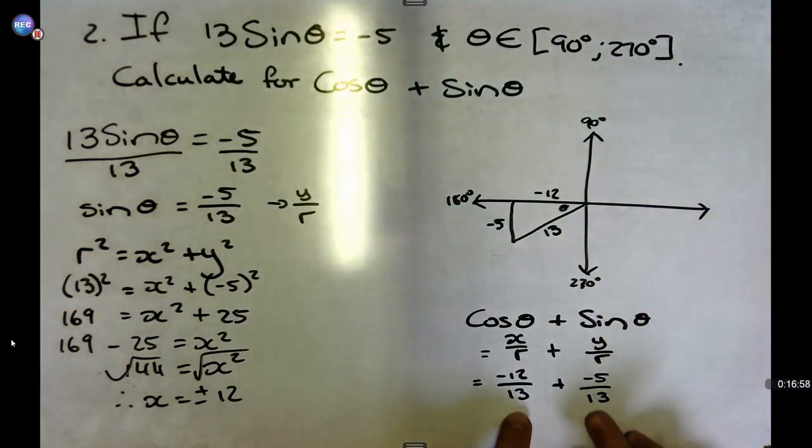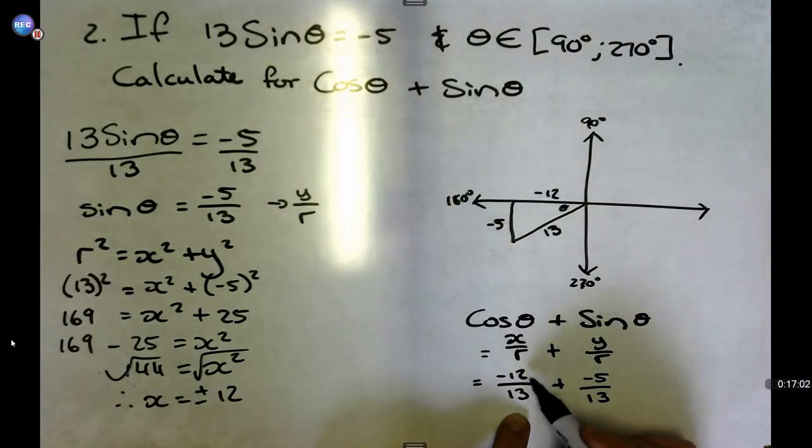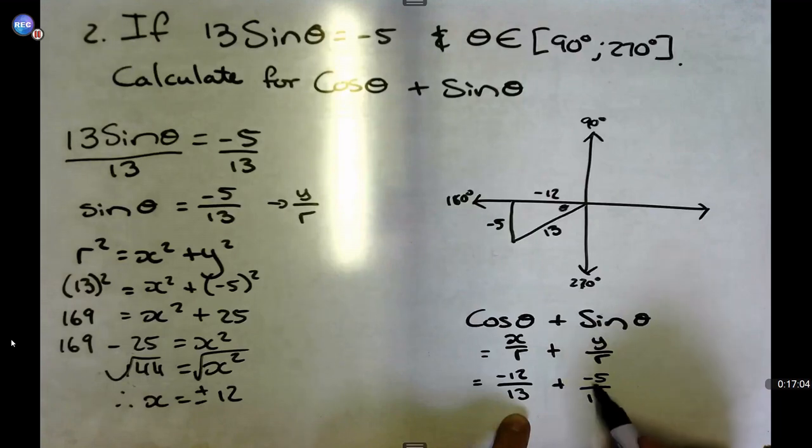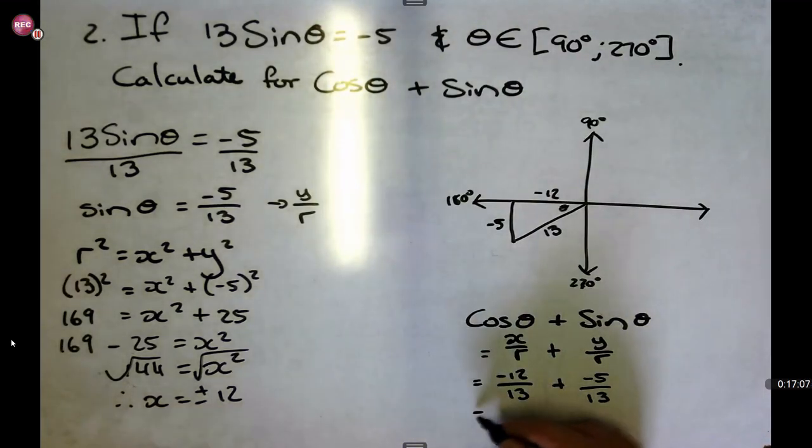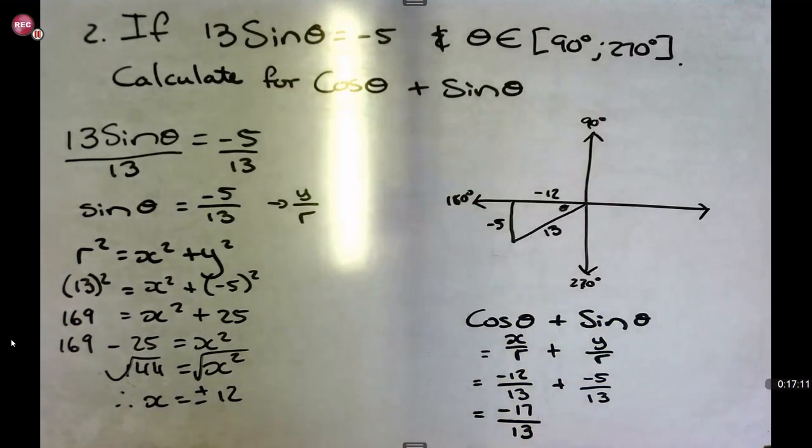The denominators are the same, so you can add them together. So negative 12 plus negative 5 gives me negative 17 over 13. And there I've calculated the whole question.